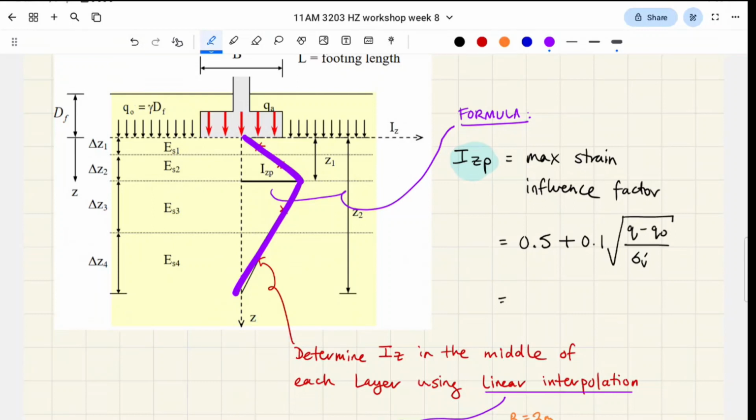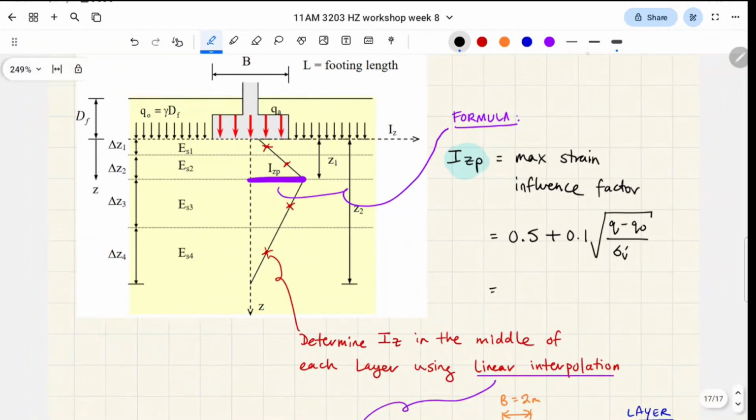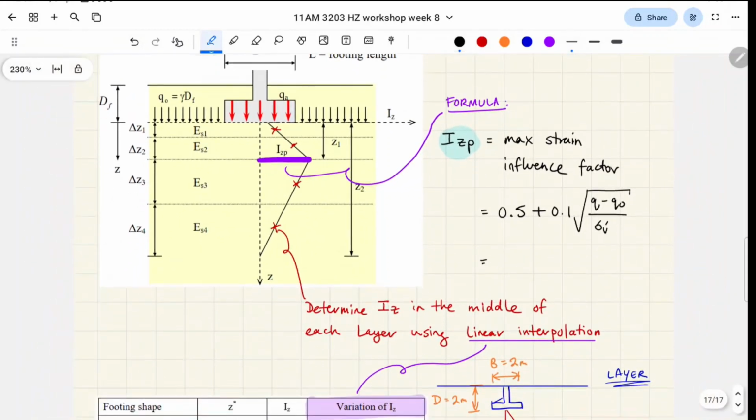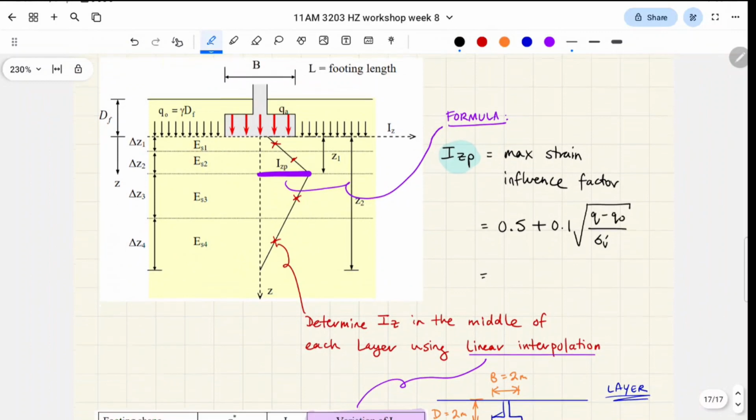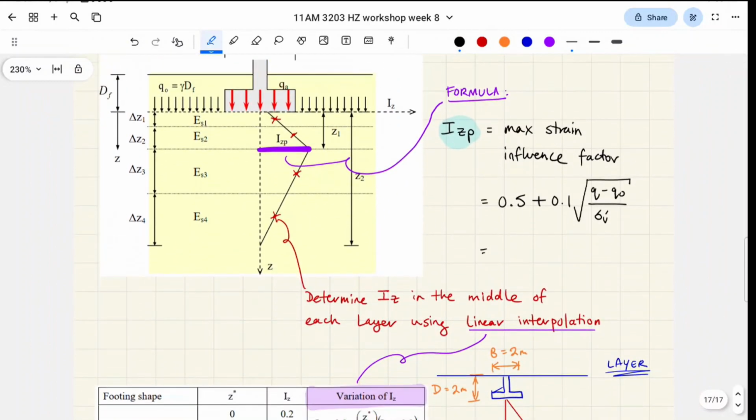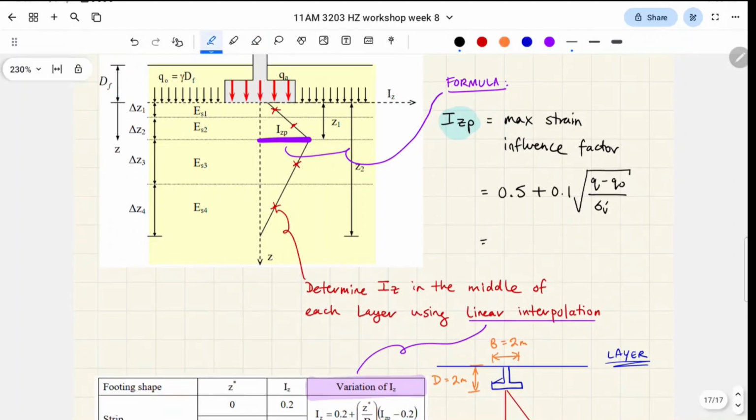That's what the strain influence factor is. At a certain point, we're going to reach our peak influence, some amount of depth into the soil. There's a formula to calculate the peak, and it's this.